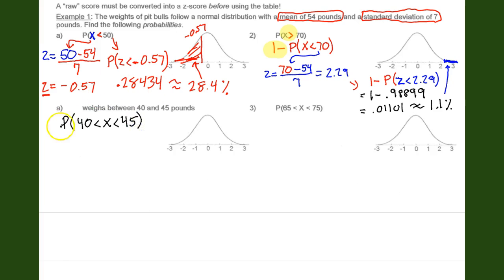So when you say this, you don't really say the probability of 40 less than x less than 45. You just say the probability between 40 and 45. So we'll do this, remember, two ways, two probabilities here. We want to find less than 45, subtract less than 40.